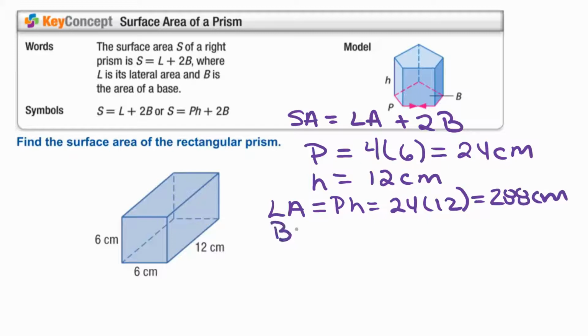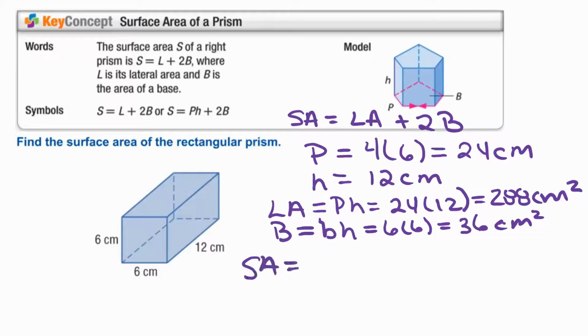The formula for the base is the base times the height. We have a square, so it would be 6 times 6, which would give us 36 centimeters squared. The lateral area is also centimeters squared. So the surface area is the lateral area plus 2 times the base.